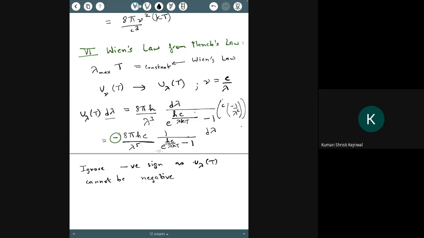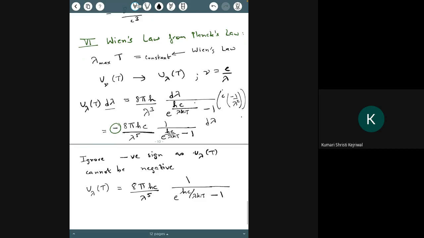That's why you have ended up with a negative sign, but you can simply ignore it for the purposes of deriving Wien's law. So u lambda t is equal to 8 pi hc by lambda to the power 5, 1 by e to the power hc by lambda kt minus 1.